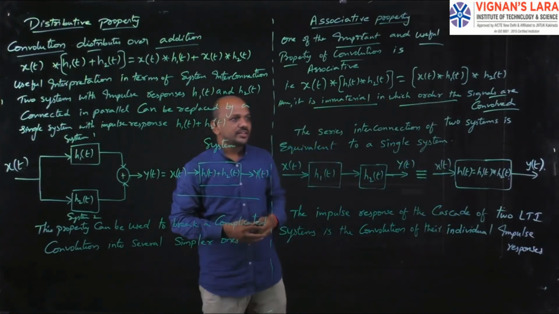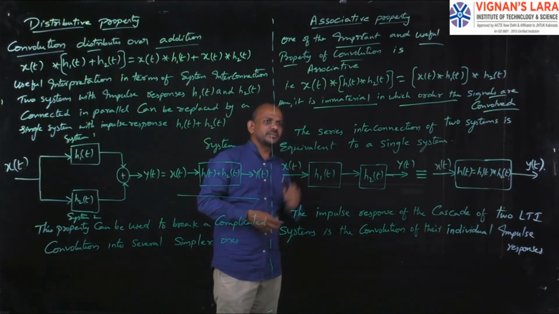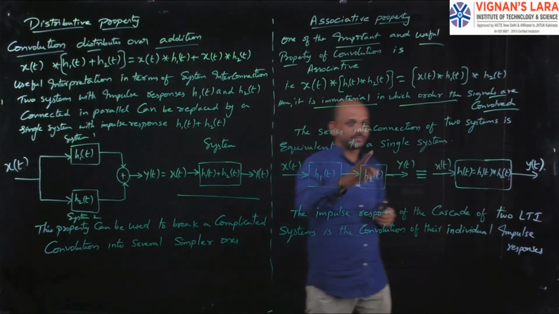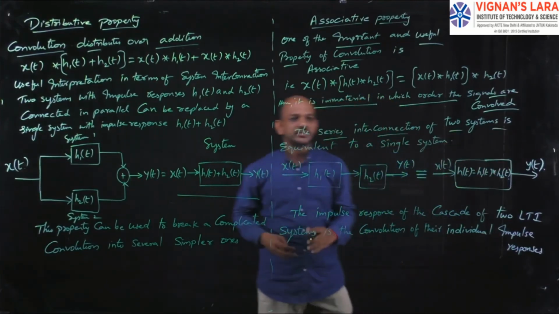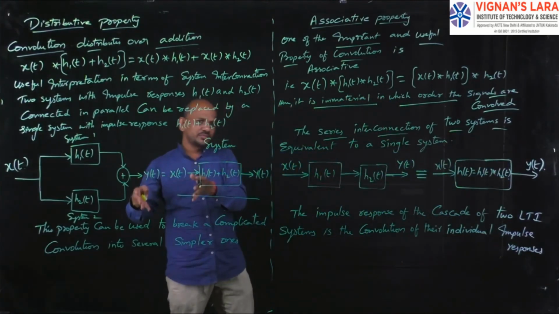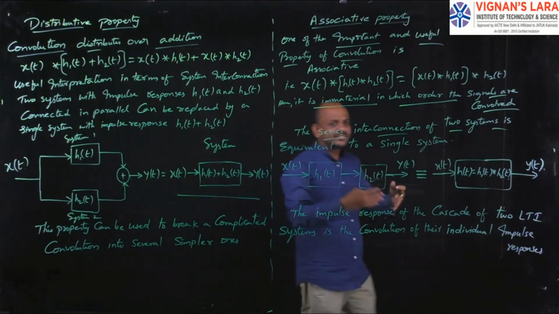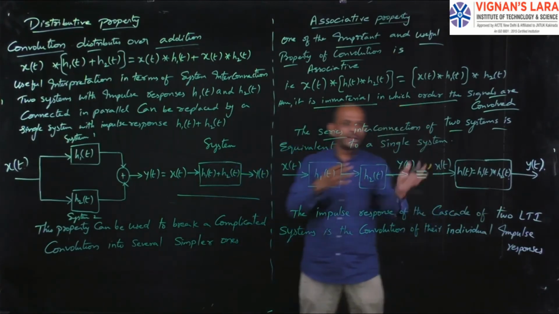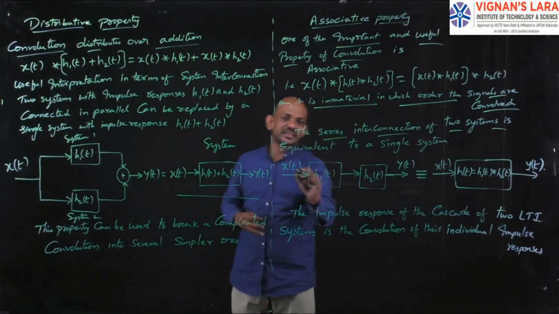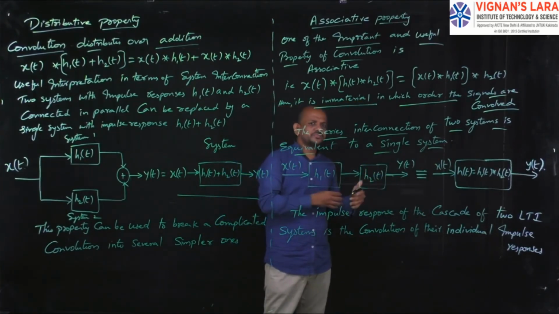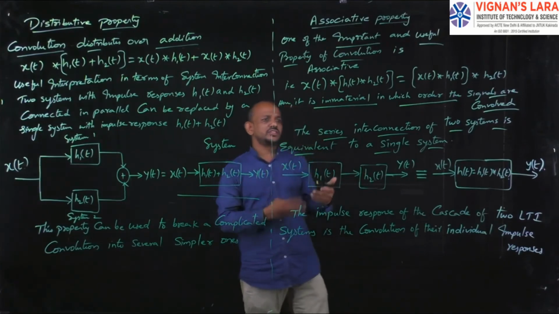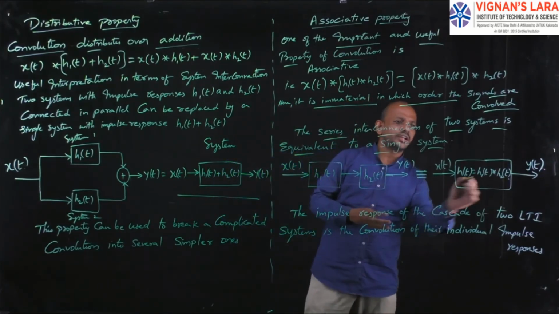Okay, next, the series interconnection of two systems, where the first one is serially connected to the second one, is equivalent to a single system whose impulse response is the convolution of h1 of t and h2 of t.